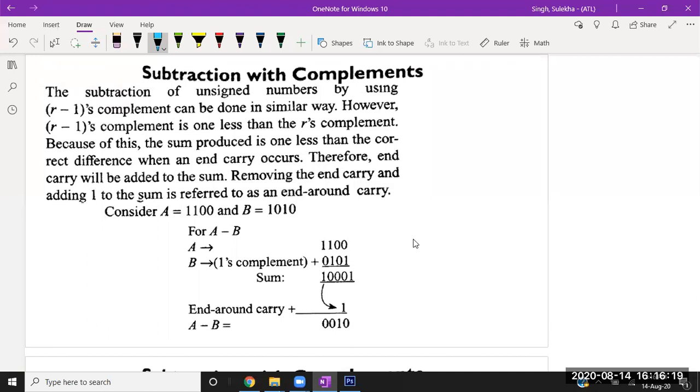For one's complement subtraction, if we want to subtract a minus b, we take a as it is, we take one's complement of b, and we write that number.